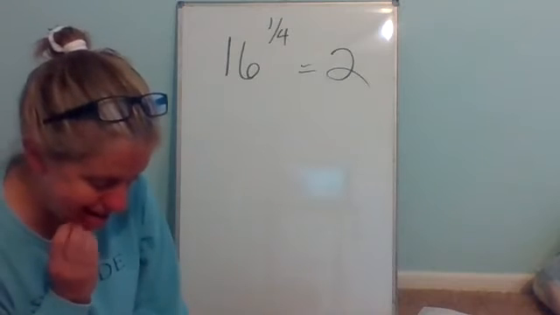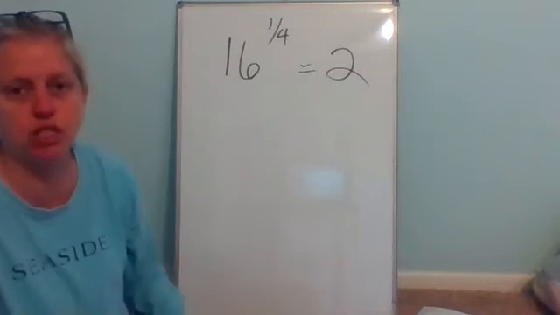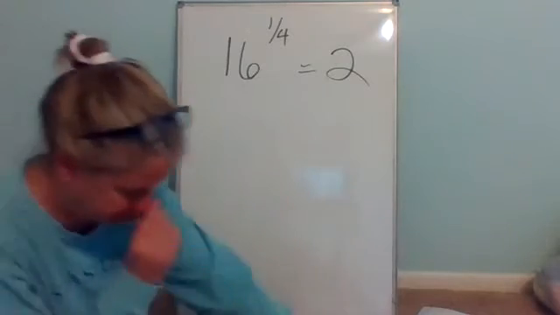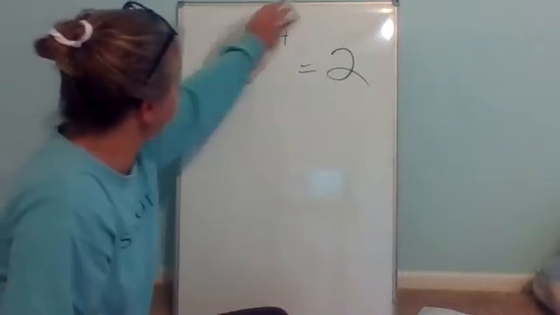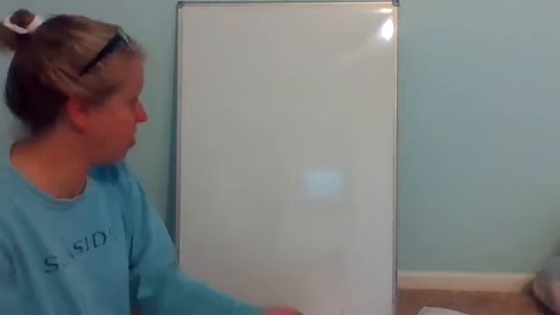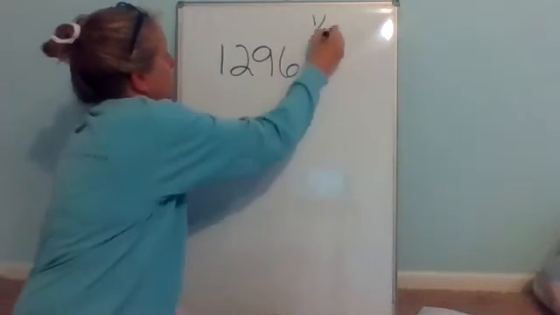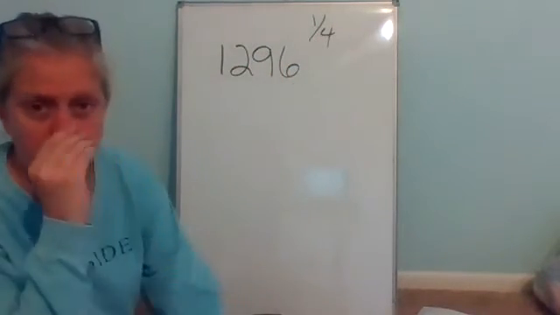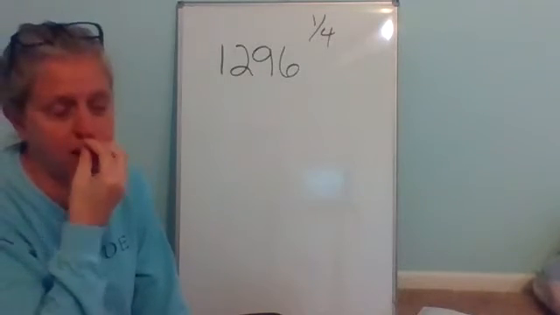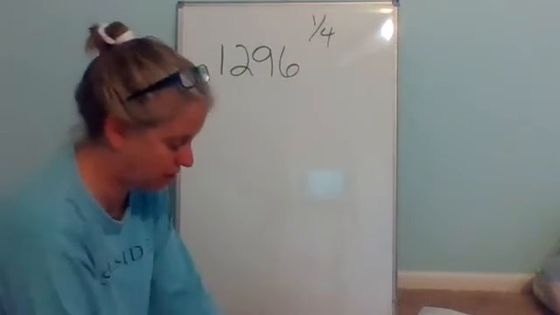Okay, let's look at number 3. We're in 10.2 right now on number 3. We have 1,296 to the 1/4 power, right? I don't want to try and figure out what number times itself 4 times gives me 1296.